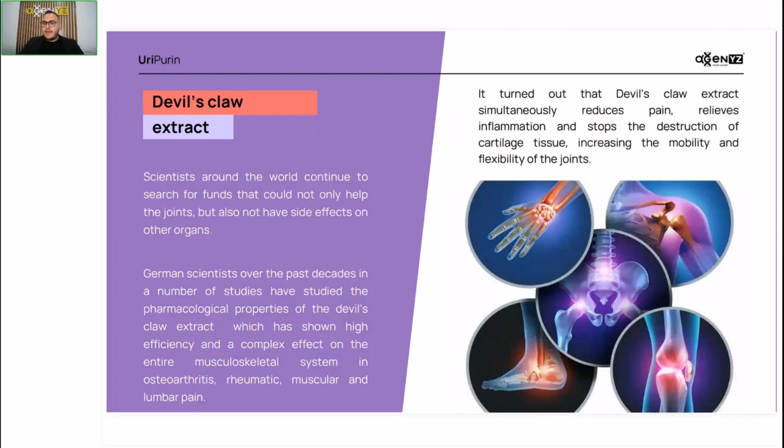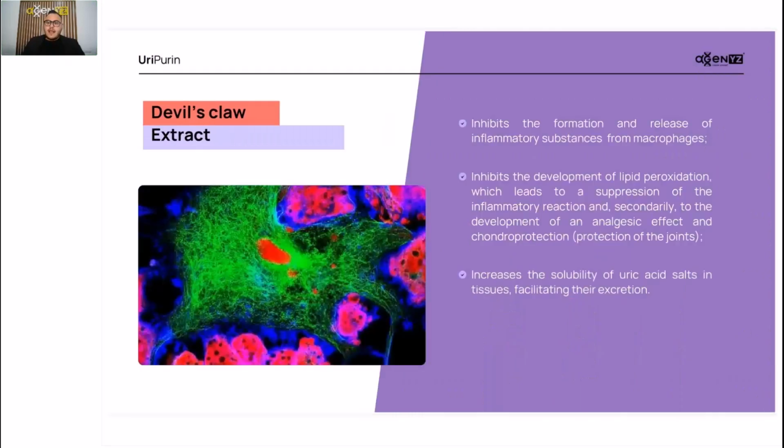It turned out that devil's claw extract simultaneously reduces pain, relieves inflammation, and stops the destruction of cartilage tissue, increasing the mobility and flexibility of the joints. Furthermore, it inhibits the formation and release of inflammatory substances from macrophages.